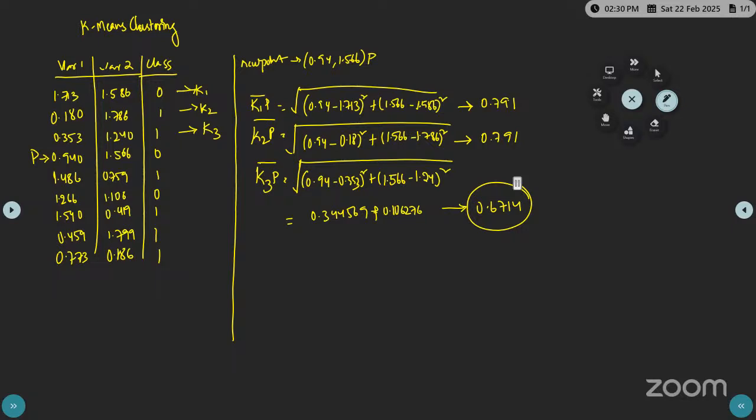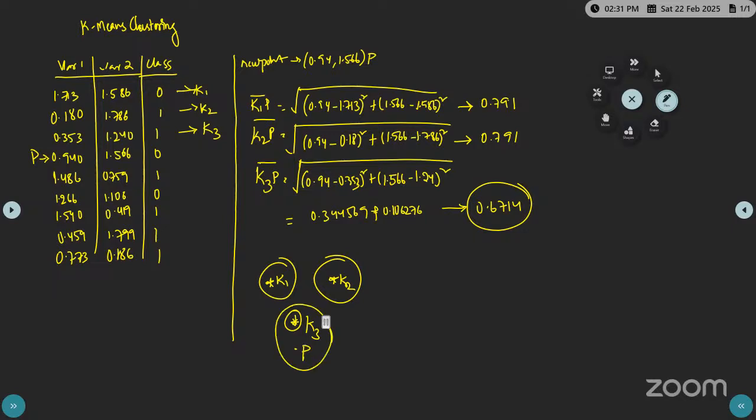So we'll be assigning this to K3, meaning we have three clusters, K1, K2, and K3. And we'll be adding this new point to K3. Okay. So here you can see we'll be adding P. And this value and this value, you have two values in the same cluster.